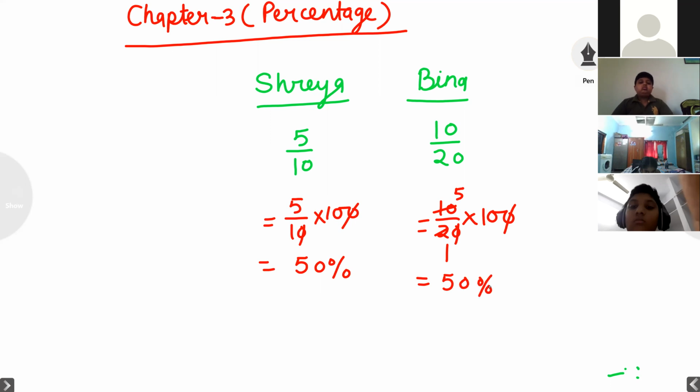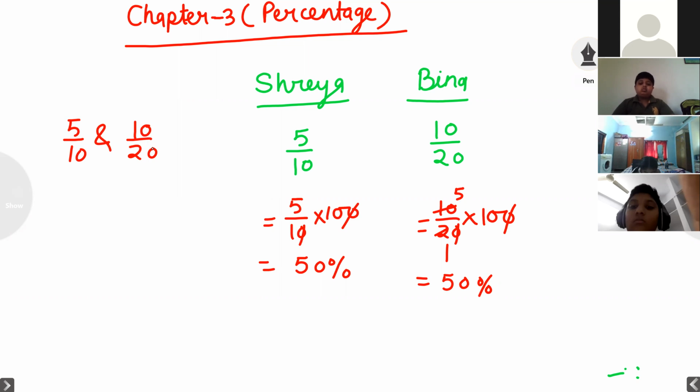How is it possible? I got 5 by 10 and I got 10 by 20. It means both got equal percentage. Then that person told, percentage is nothing but a special type of fraction. And the fractions 5 by 10 and 10 by 20 are both equivalent fractions. What is an equivalent fraction?